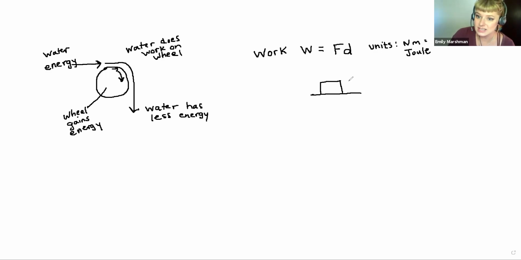So simple example, if I pull a crate across the floor, let's say I'm exerting a force this way on the crate. The crate moves a distance d. Am I going to be able to just multiply the force times the distance in this case?